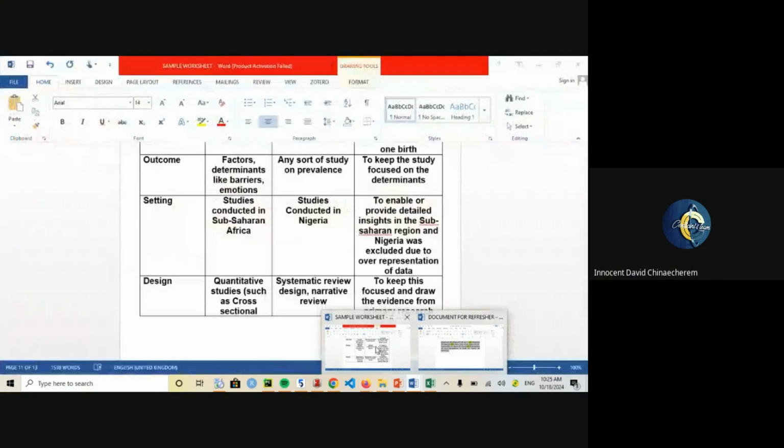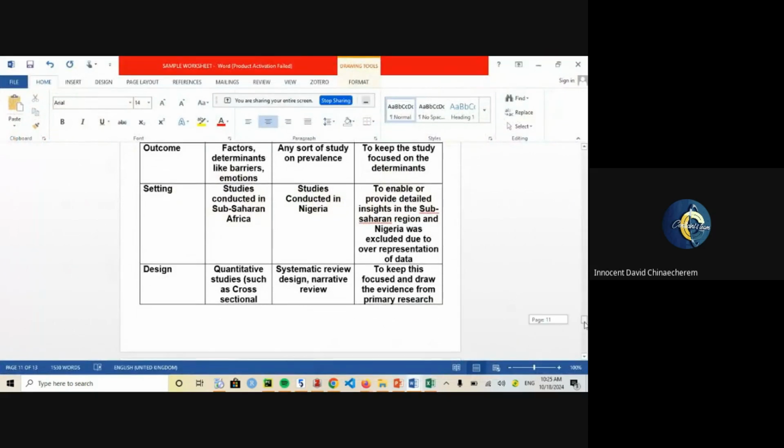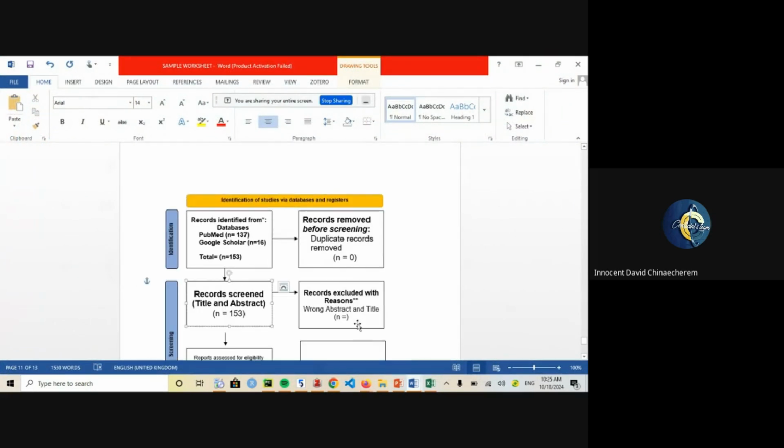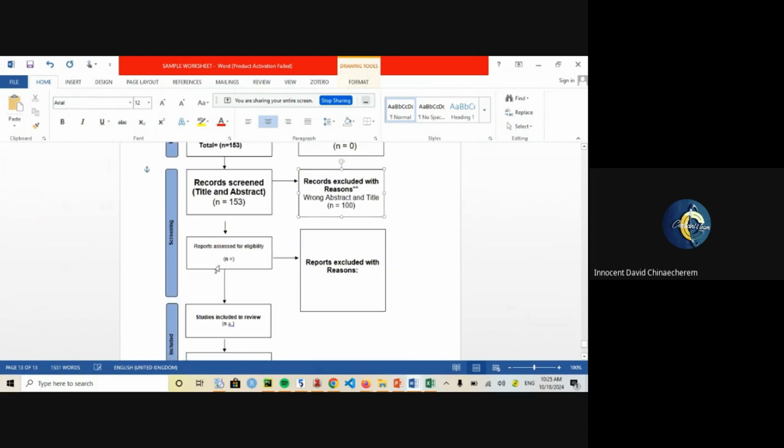And that is where, when we come to our PRISMA flow diagram, we will say that we excluded, for the ones that had the wrong title or abstract, for example, 100. And then when we had our full text eligibility screening, for example, maybe it resulted in 53.